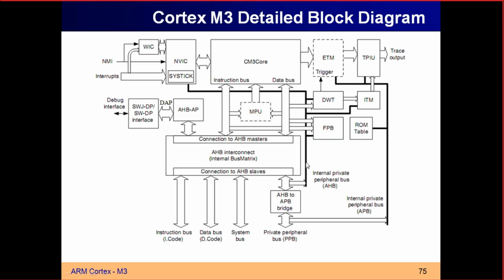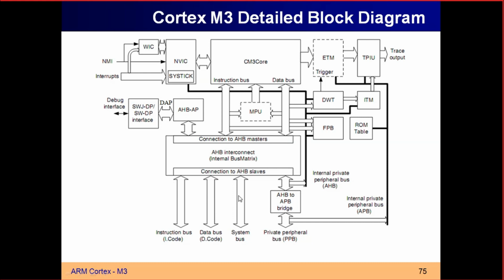All the three are connected to something known as the bus matrix or bus interconnect. So the bus interconnect again is subdivided. These three buses are subdivided into four categories. One is known as the I-Code instruction bus. Another one is the D-Code, that is the data bus. Another one is the system bus and the private peripheral bus. Right.